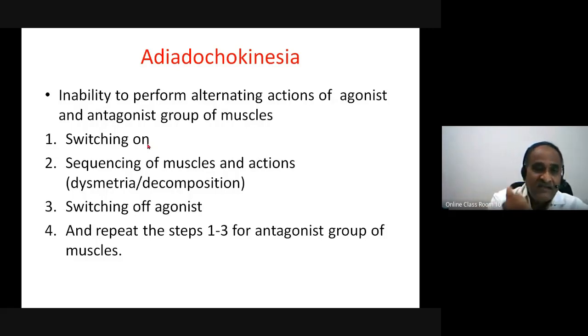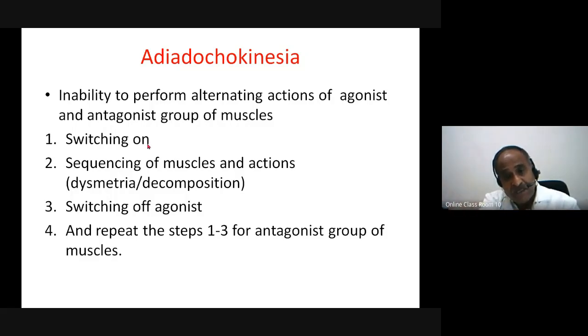But already there is a cerebellar damage, and because of the cerebellar damage, there is a dysmetria and a decomposition of the movement. So that means this is not happening in the way it is expected to happen. Then switching off the agonist activity, then turning on the antagonist group of muscles to perform, again they are in a dysmetric and a decomposed situation.